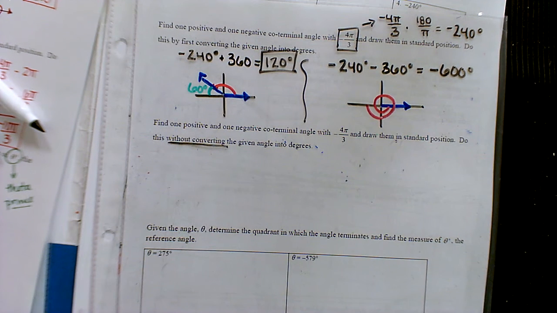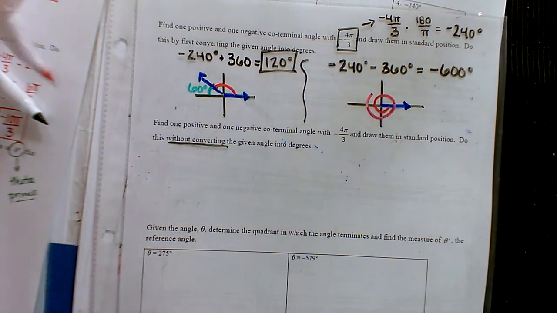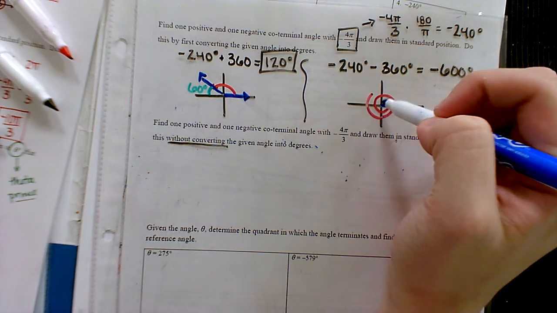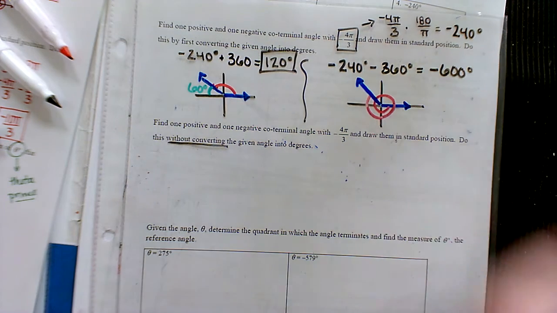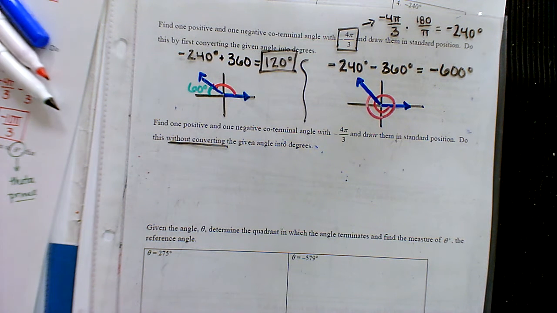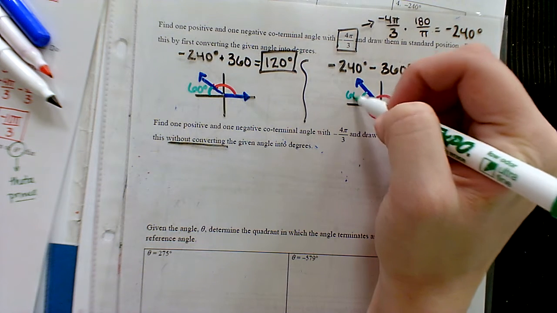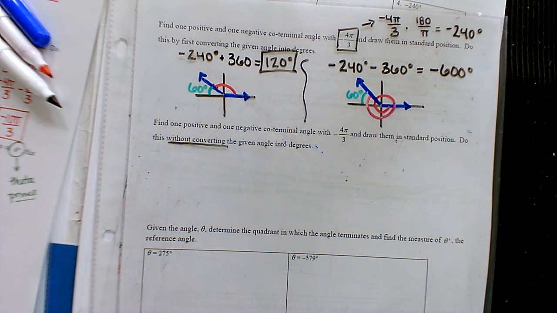Another 90 would be 540, but we're not quite at 600 yet, so we're going to have to go a little bit more. Notice how we'll land in the same spot. So reference angle to the closest x-axis, we should have the same 60 degrees.